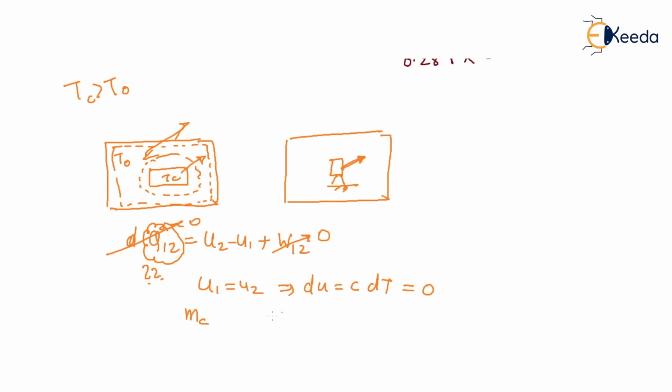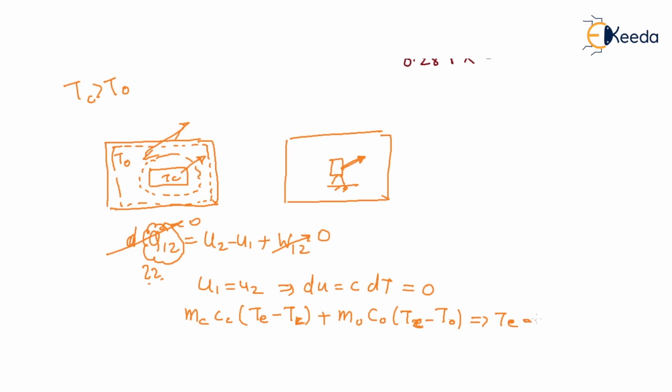So mass of the copper, M, C of the copper, final temperature, the equilibrium temperature, minus initial temperature, plus mass of the oil, C of the oil, final temperature minus initial temperature of the oil. This is copper, this is oil.